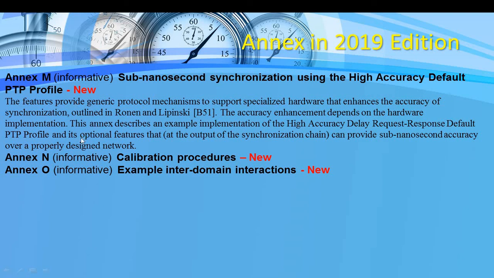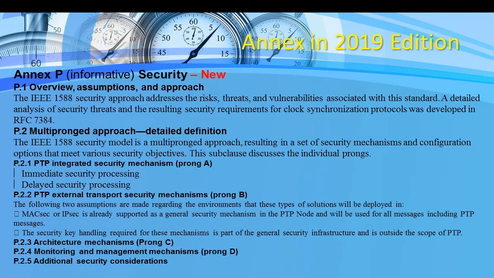That chapter is new. The Annex N is calibration procedure, how to calibrate PTP. That's new. And Annex O example inter-domain interaction. That part is newly introduced in 2019.